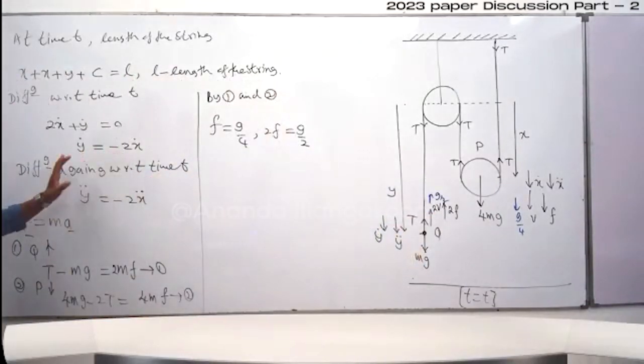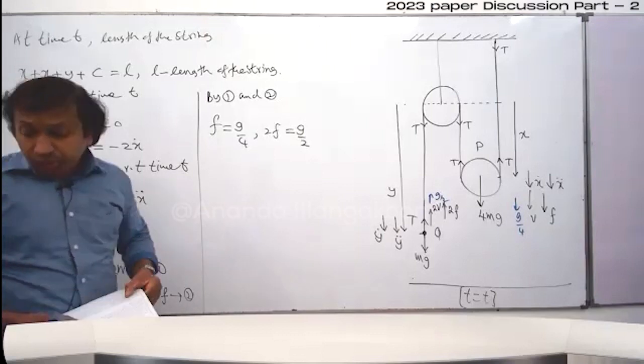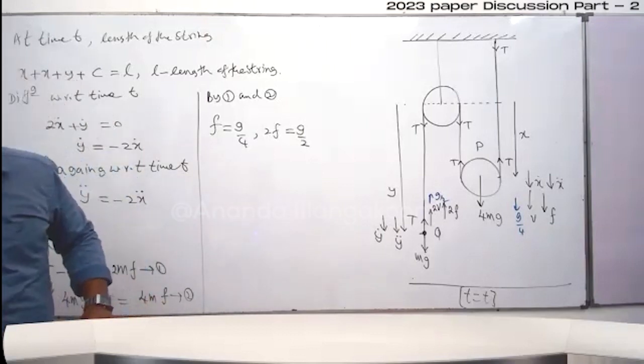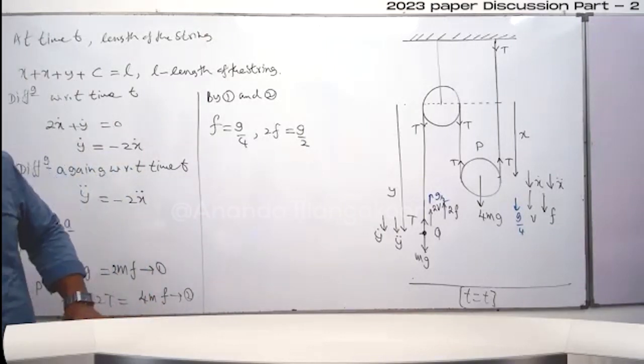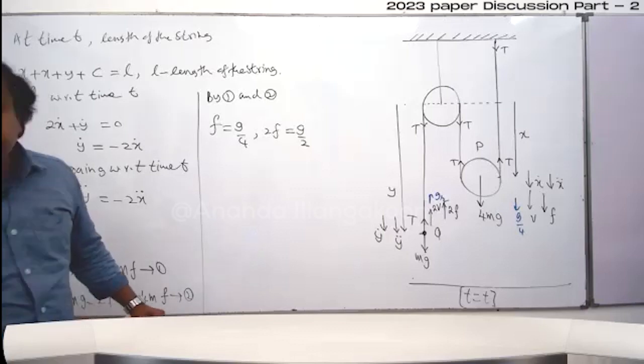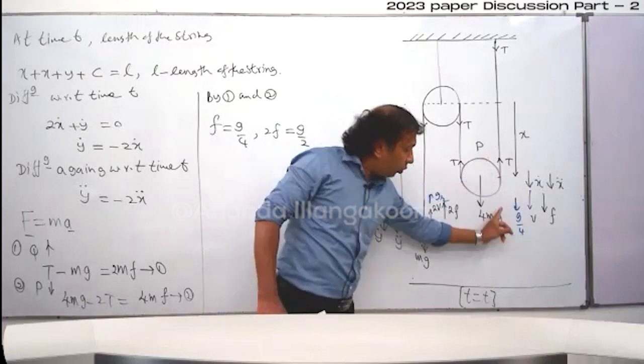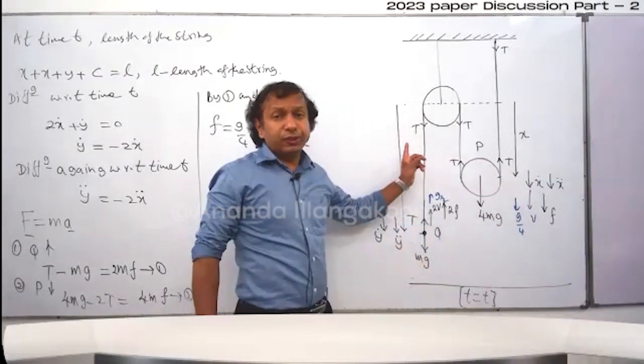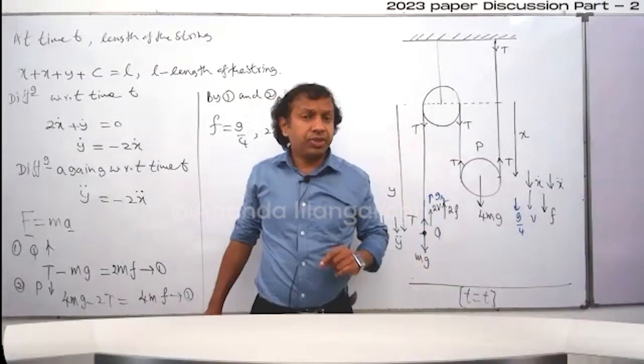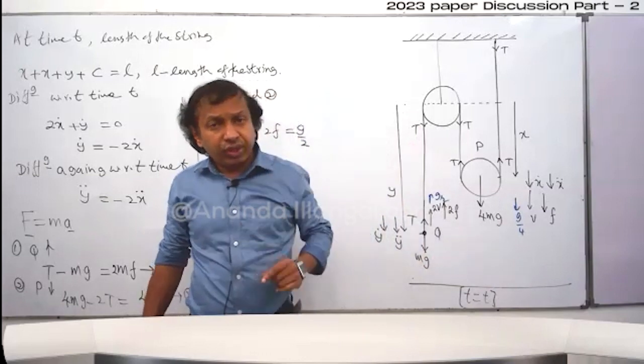Get this? Okay, right. So now when we sketch the v-t graph, we can sketch it like this, right? First, this one happens, people. When this is moving downward, this is moving upward. Now we are going to sketch the velocity-time graph. Velocity is a vector.